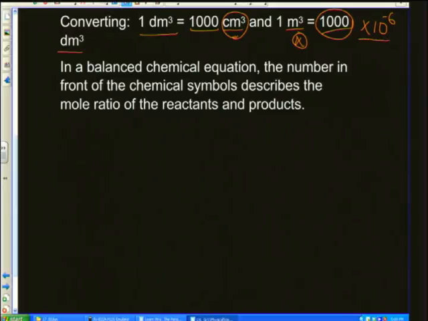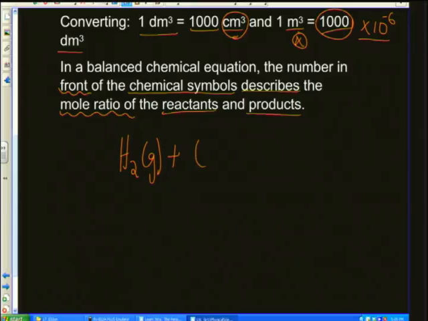In a balanced chemical equation, the number in front of the chemical symbols will always describe the mole ratio of the reactants and products. Okay, simple. For example, if I've got H2 gas reacting with O2 gas, giving me H2O gas, this is vapor.